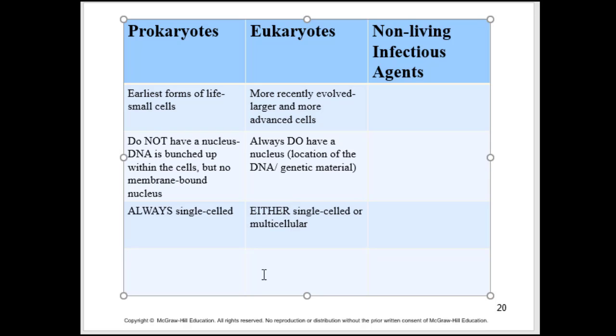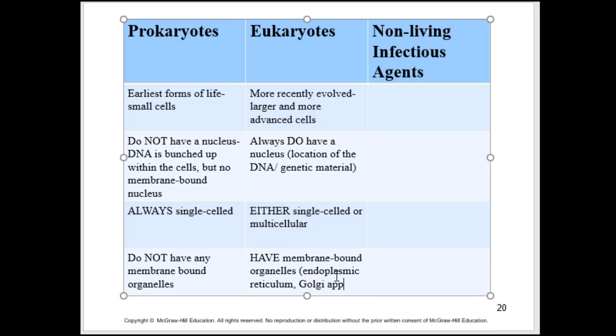The last major difference is that prokaryotes do not have any membrane bound organelles, whereas eukaryotes do. Membrane bound organelles include those weird things that you learned about in anatomy and physiology, like endoplasmic reticulum, the Golgi apparatus, lysosomes, the vesicles, things like that. Those are found in eukaryotic cells, but not prokaryotes.